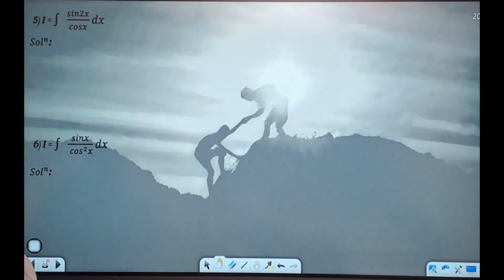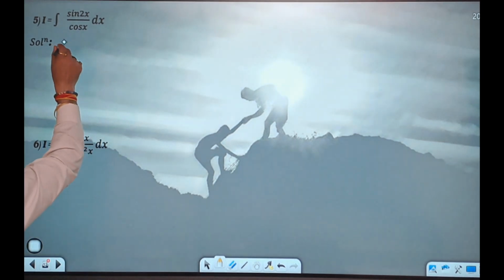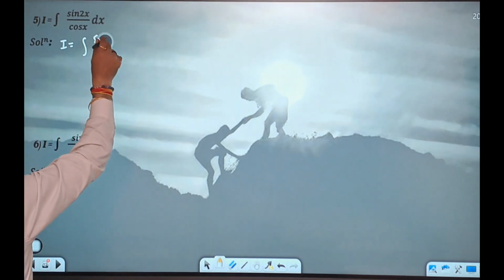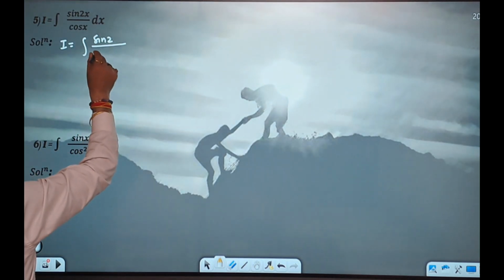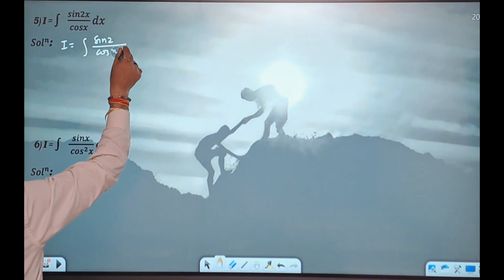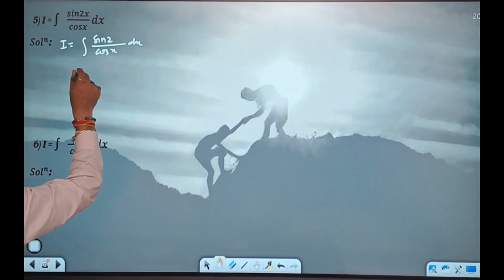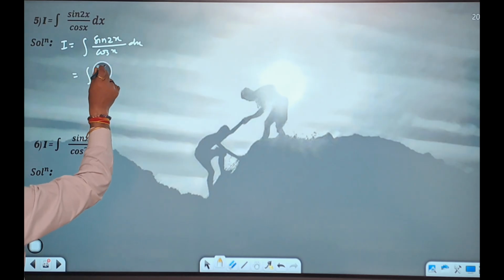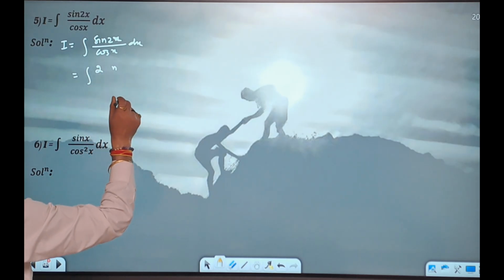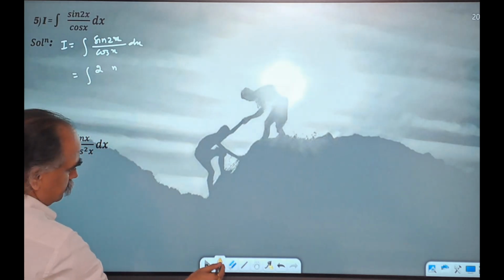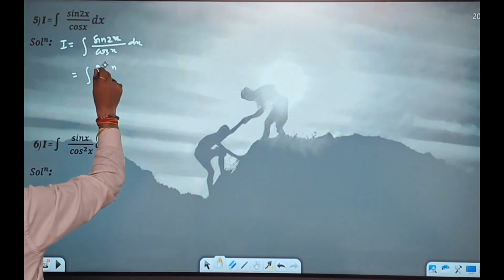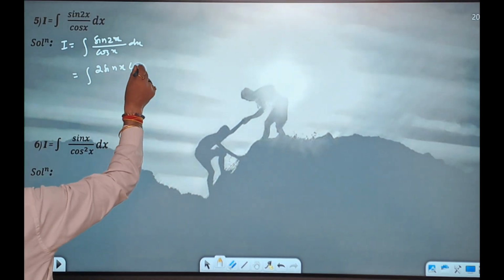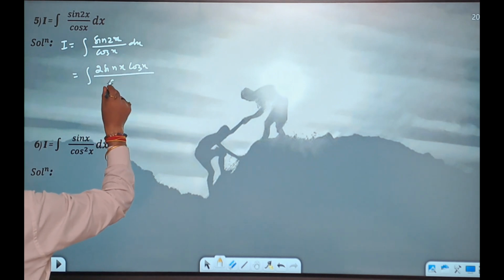Sin 2x upon cos x. Sin 2x is 2 sin x cos x, upon cos x.